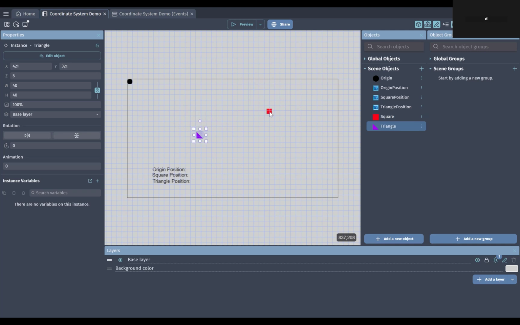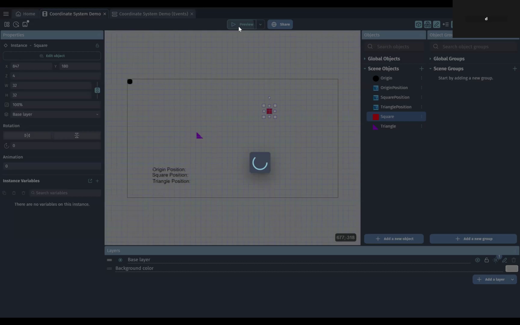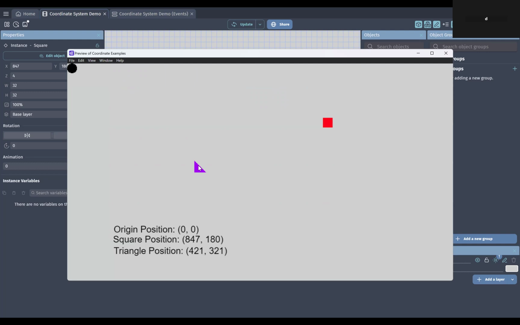Okay. And if I do a preview, which makes the level playable, although you don't really have much playing going on here, I just want to show you I can drag and you can see how the position changes, right? As I move down, the Y gets bigger.